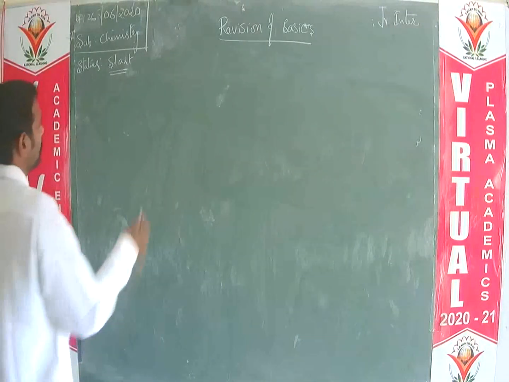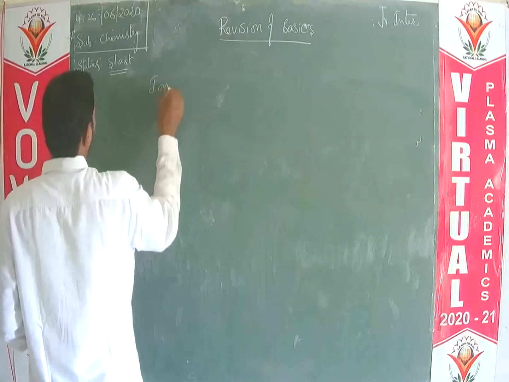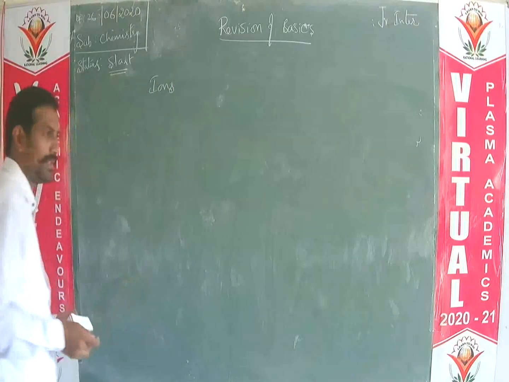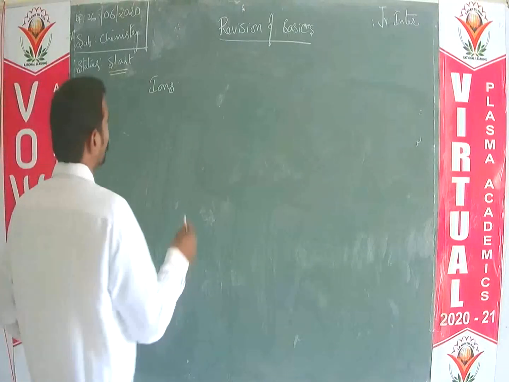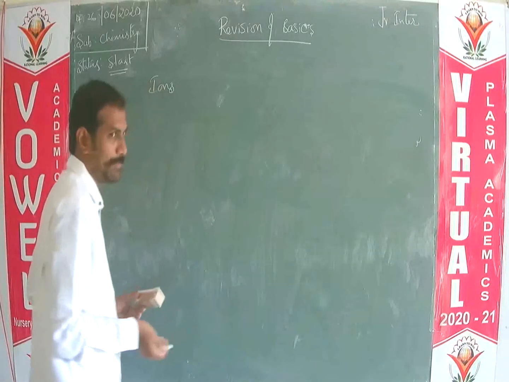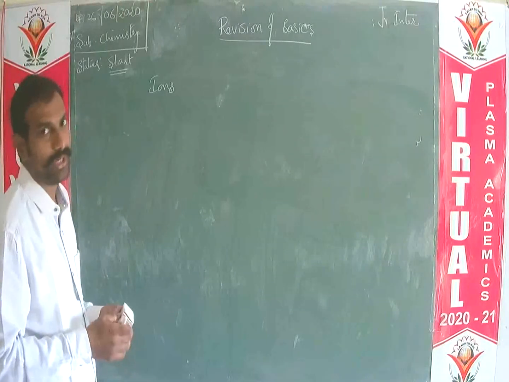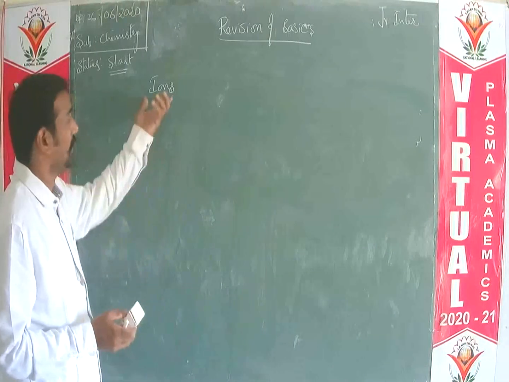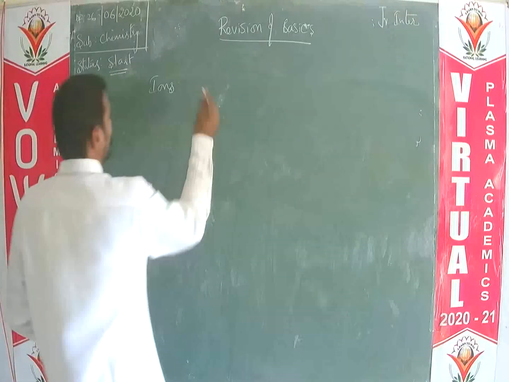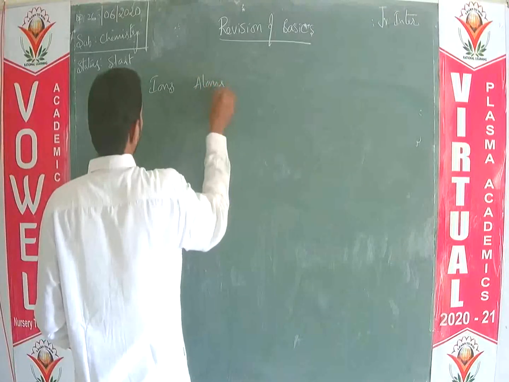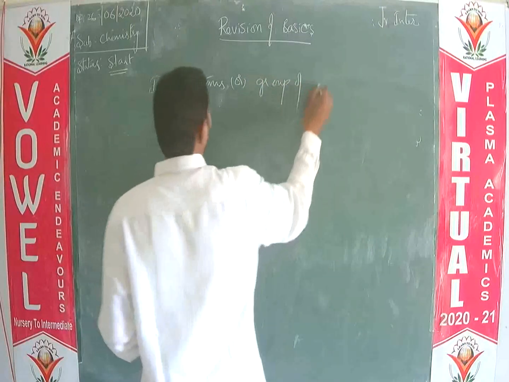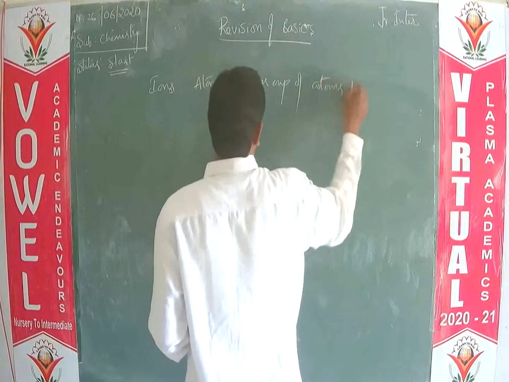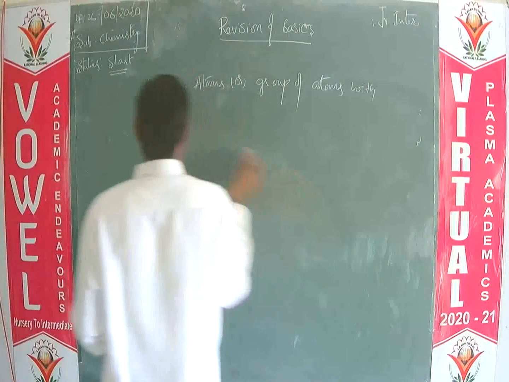The next one, ions. Up to now we have seen chargeless particles, or neutral atoms. But ions are atoms or groups of atoms with charge.